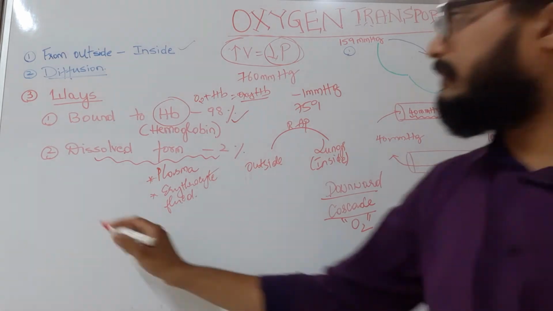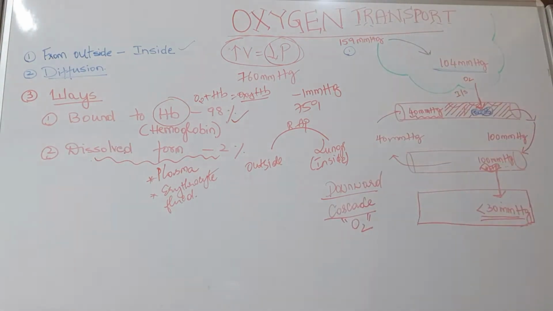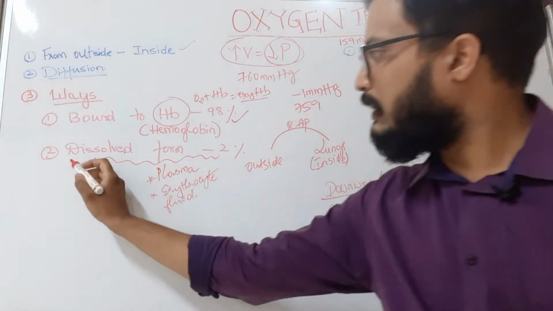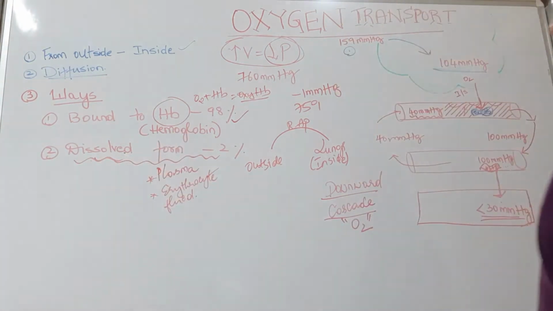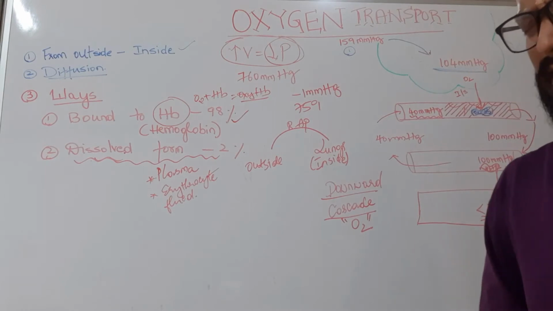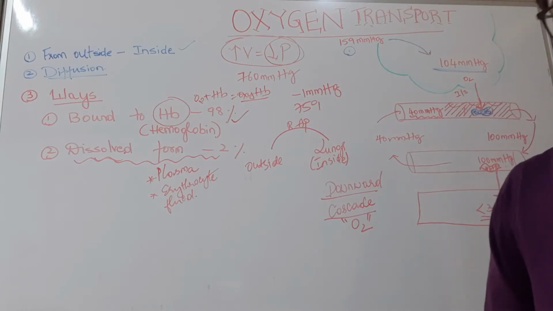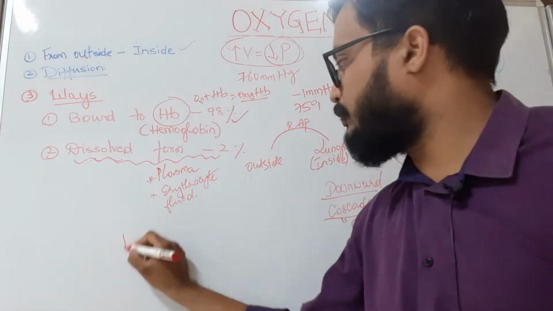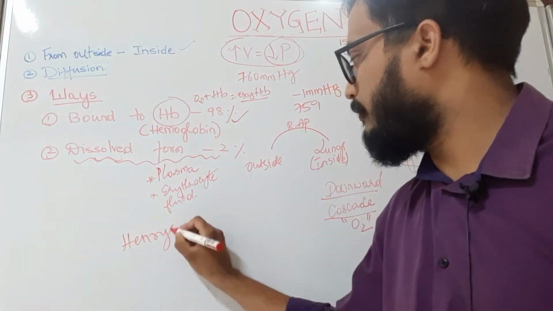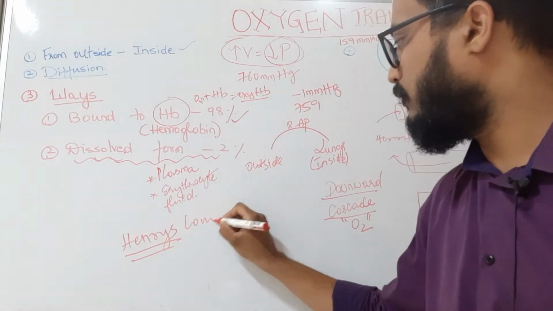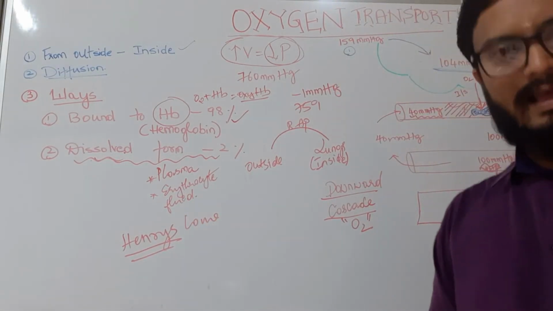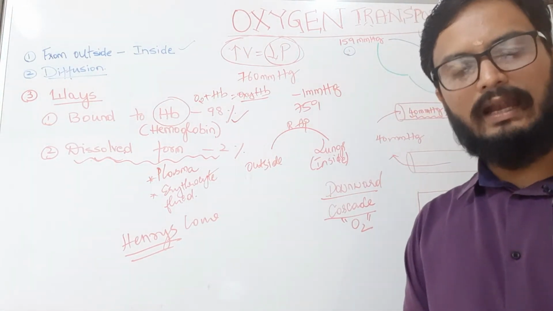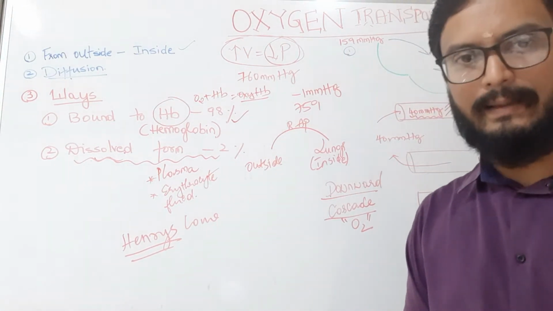So, coming back to the way in which, or why, the amount of the oxygen that is transported in the dissolved form is always lesser. It is very well explained by Henry's law. We had discussed in the last class, the movement of the gas in a solution depends upon its solubility.